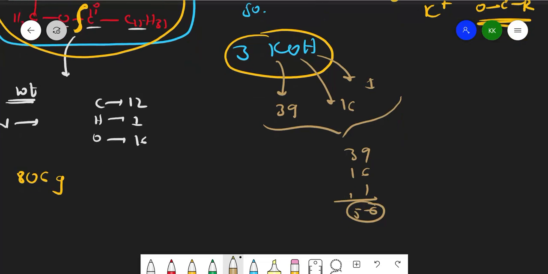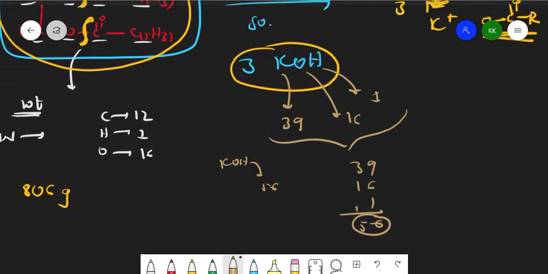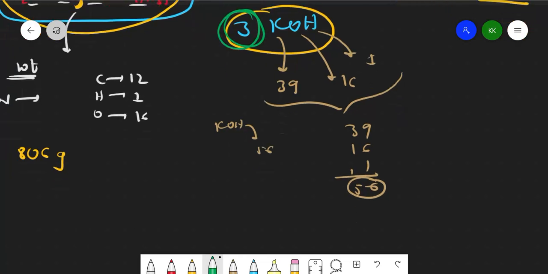So the molecular mass of KOH is 56. But for that saponification I require 3 equivalents, because three bonds are there to break. Fats and oils contain 3 ester groups. So I have to multiply it by 3. 56 into 3, I'll get 168 gram, right?